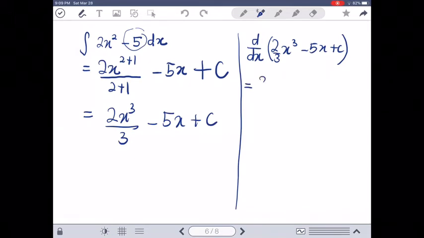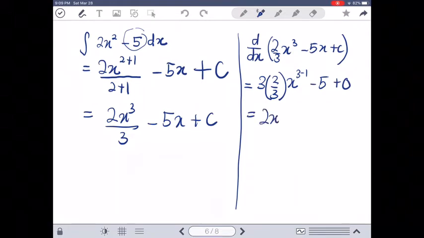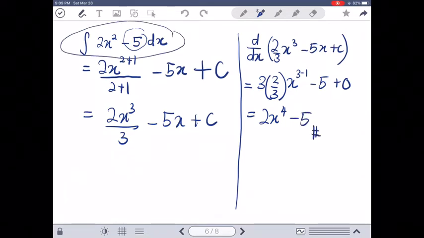You have to bring 3 to the front times 2 over 3 times x to the power of 3 minus 1, minus 5 plus 0. So we should get 2x to the power of 2 minus 5, which is consistent with our question.